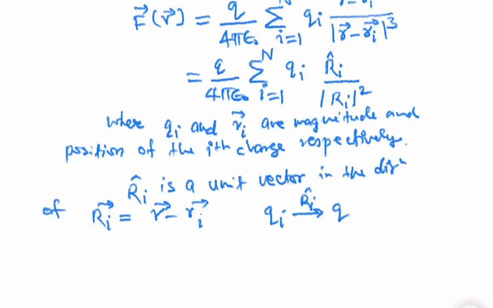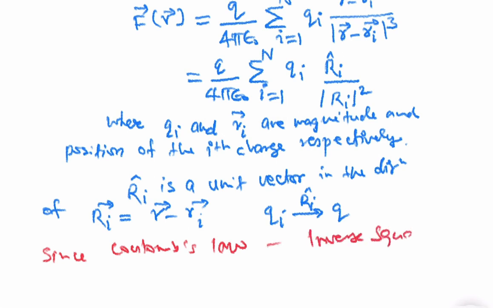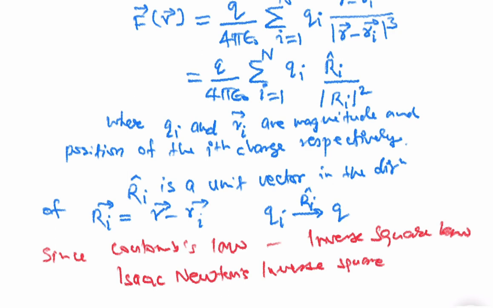Since Coulomb's law is an inverse square law, it is analogous to Isaac Newton's inverse square law of gravitation.